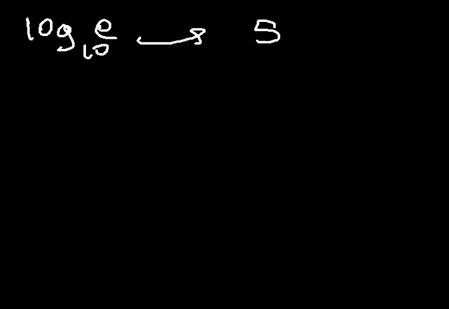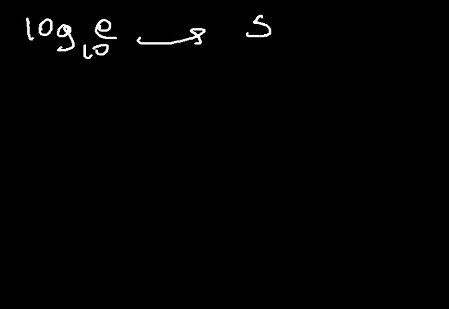Let's say we have this case. How about if we have log 10 of a, and we think of having this in, let's say, base 5. In this case the principle remains the same.